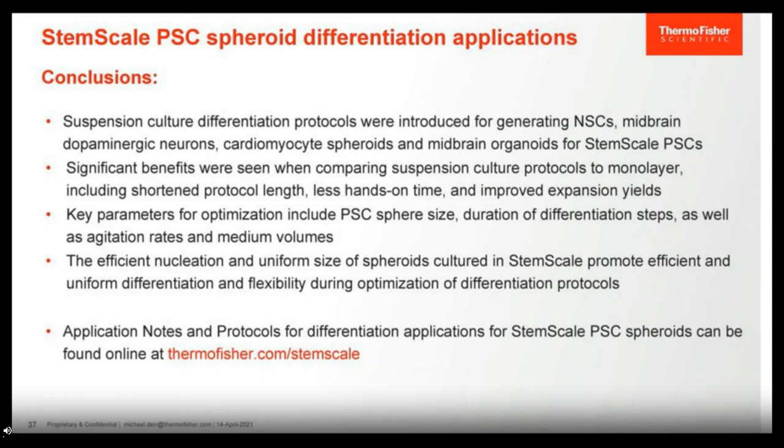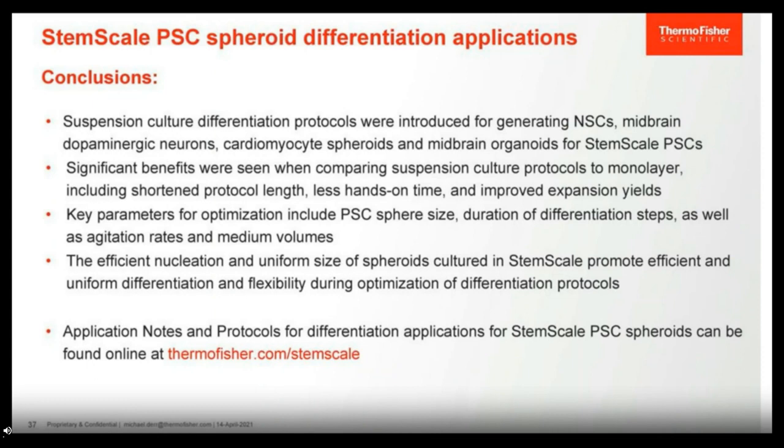Finally, in conclusion, suspension culture differentiation protocols were introduced for generating NSCs, midbrain dopaminergic neurons, cardiomyocyte spheroids, and midbrain organoids from StemScale PSCs. Significant benefits were seen when comparing suspension culture protocols to monolayer, including shortened protocol length, less hands-on time, and improved expansion yields.